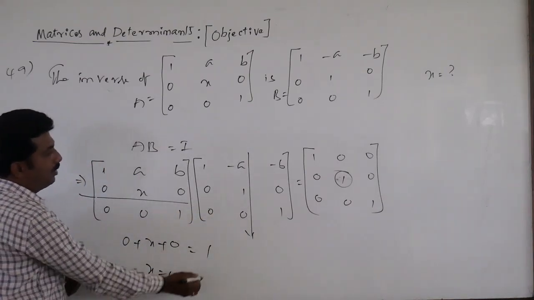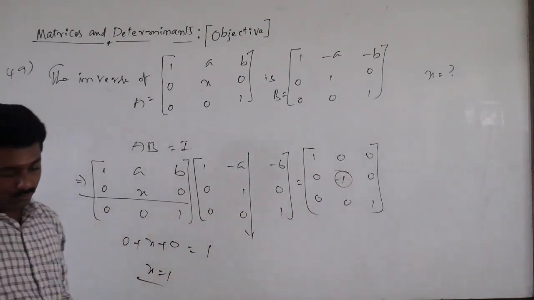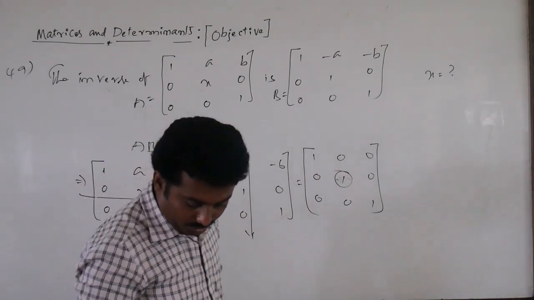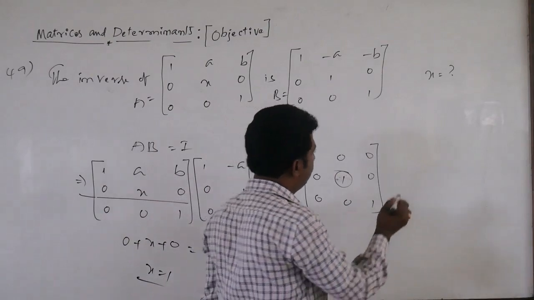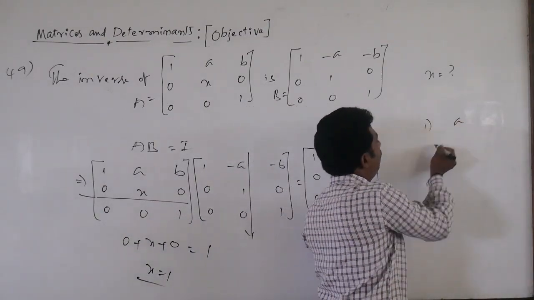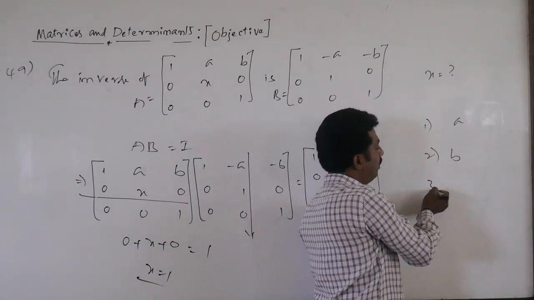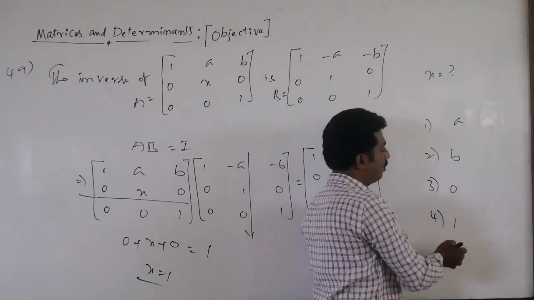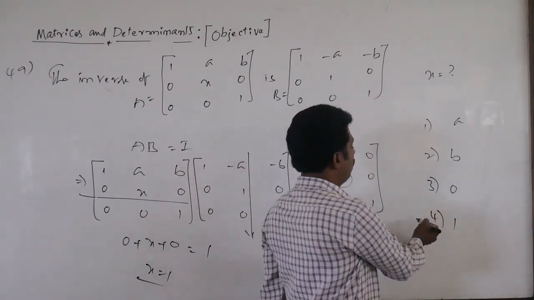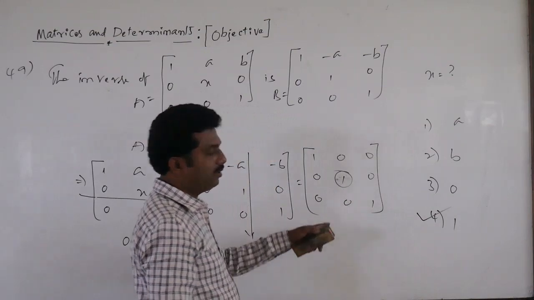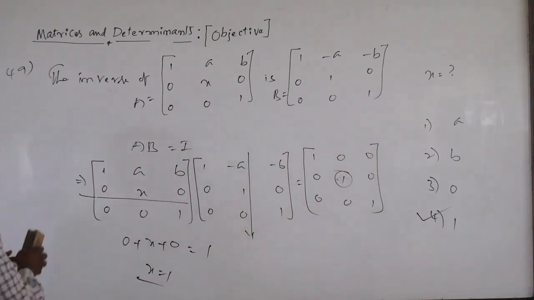So clearly X equals 1. The four options are A, B, 0, 1: first option A, second option B, third option 0, fourth option 1. So clearly the X value will be 1. Like that we have to answer.